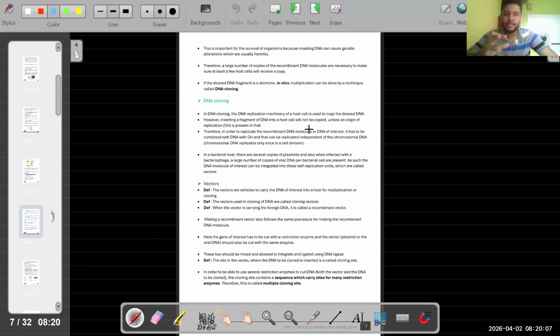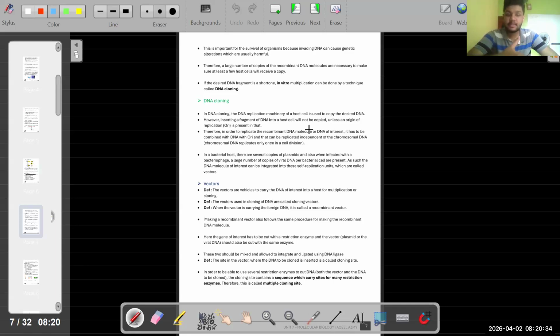For DNA cloning, just inserting the DNA of interest, the DNA which we prefer, into a host cell, is it enough? No. Just inserting a DNA which we prefer into a host cell is not enough to produce multiple DNA. Can you understand? Now we take an organism and we check that it has a DNA which is unique.